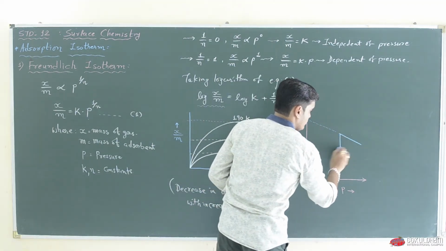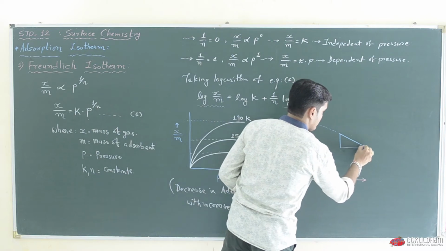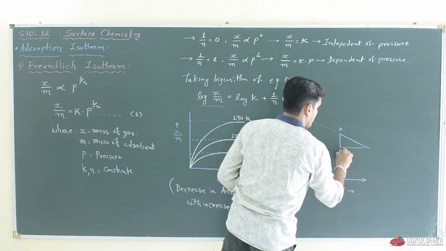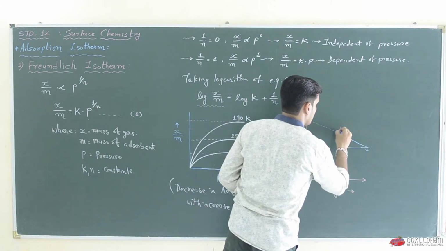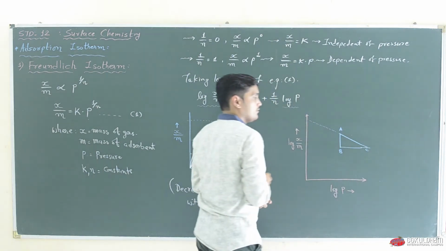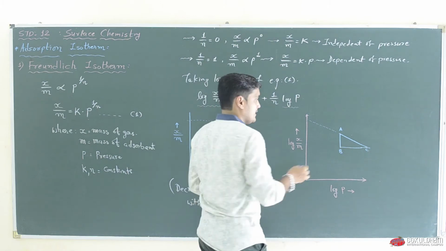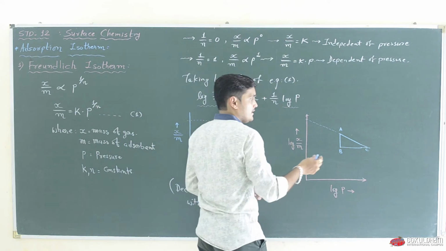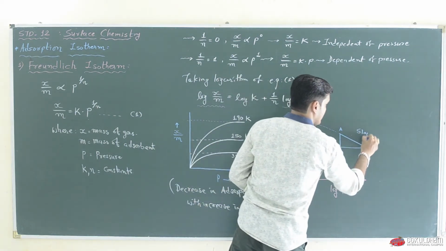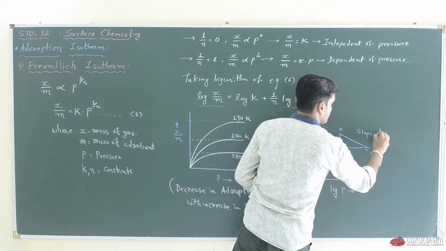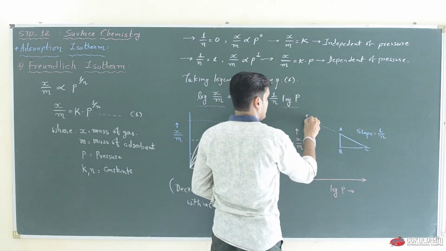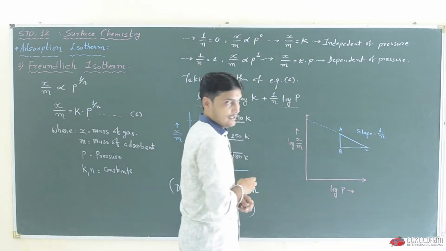If we calculate the slope of this graph, we get the value of slope equal to 1 by n, and the value of the intercept is log k.